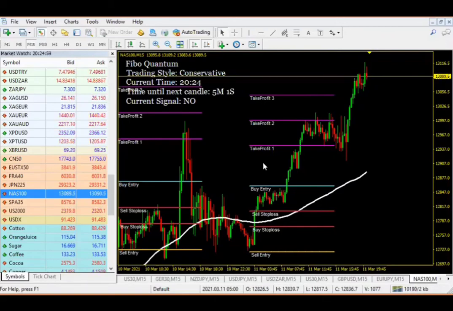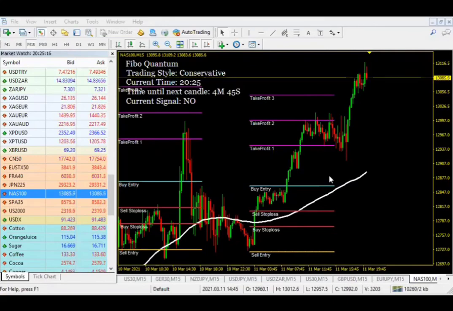On the days that I do, about an hour after the session starts, I start looking at the indices: German 30, UK 100, US 30 and NAS 100. I look at those four indices during the London session when I get the chance.